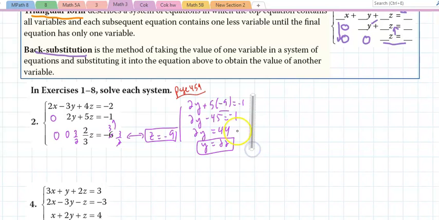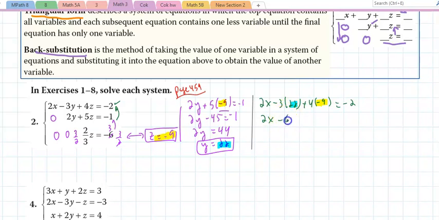And now that I know what y and z are, I go to the first equation and read that as 2x minus 3y, but I know y is 22, plus 4 times z, but I know that z is negative 9, and that should equal negative 2, and solve that equation.